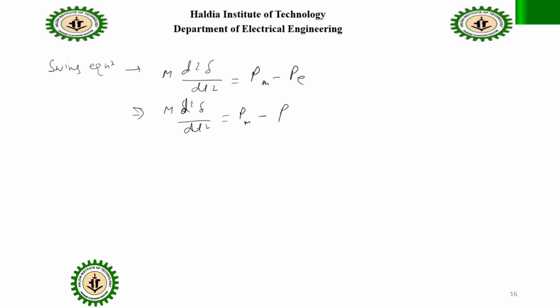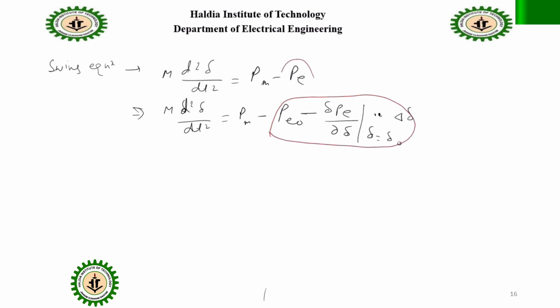So Pe is equal to Pe0 minus ∂Pe/∂δ at δ = δ0 into Δδ. I am just substituting this value in place of Pe.